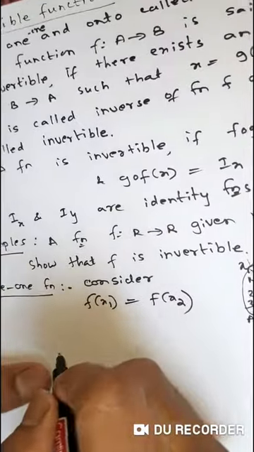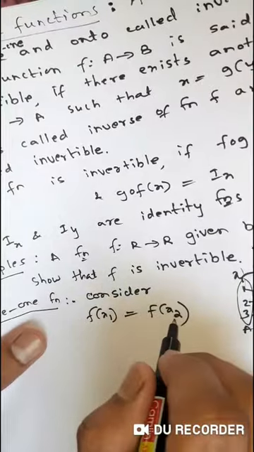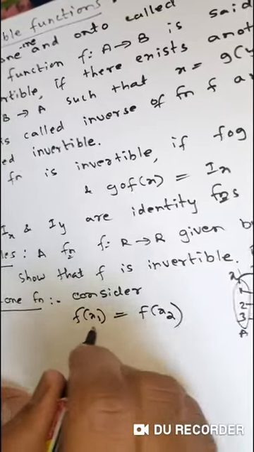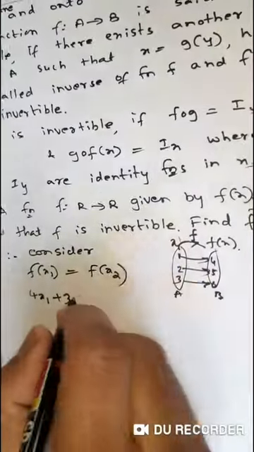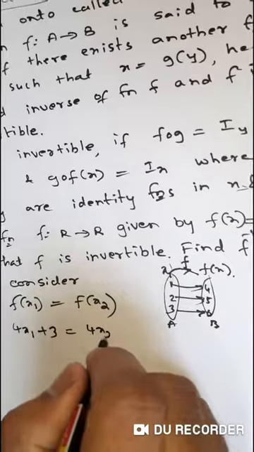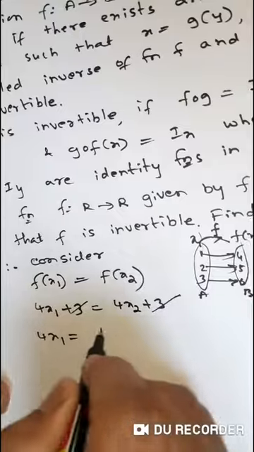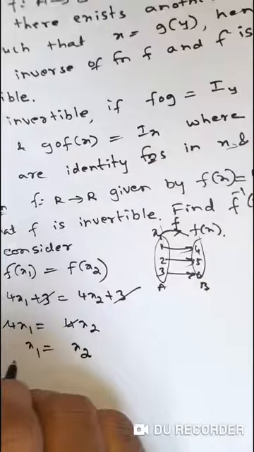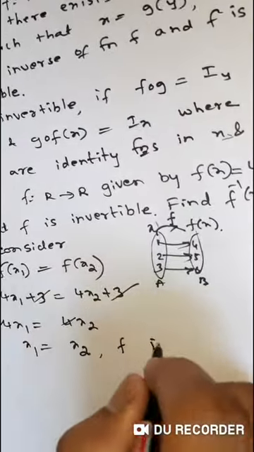Then we must prove x1 equal to x2. f of x1 is 4x1 plus 3 because f of x is 4x plus 3, and f of x2 is 4x2 plus 3. The 3 cancel, so 4x1 is equal to 4x2. The 4 cancels, so x1 equal to x2. The same element has the same images. So the function is 1-1.